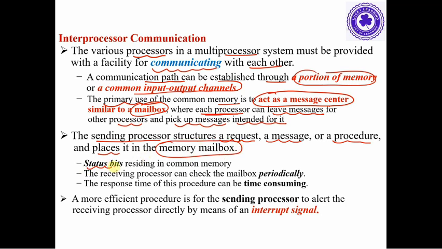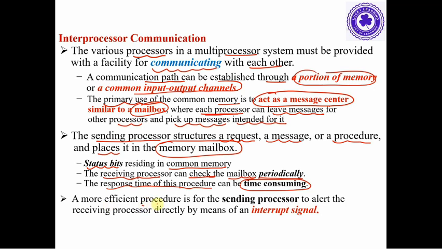There should be status bits residing in the common memory, and the receiving processor needs to check those status bits in the mailbox periodically. Is that message intended for that processor or not? It has to check repeatedly. The response time of this processor can be time consuming because it has to check and then receive the message. It is time consuming because it takes some time to check the status conditions.